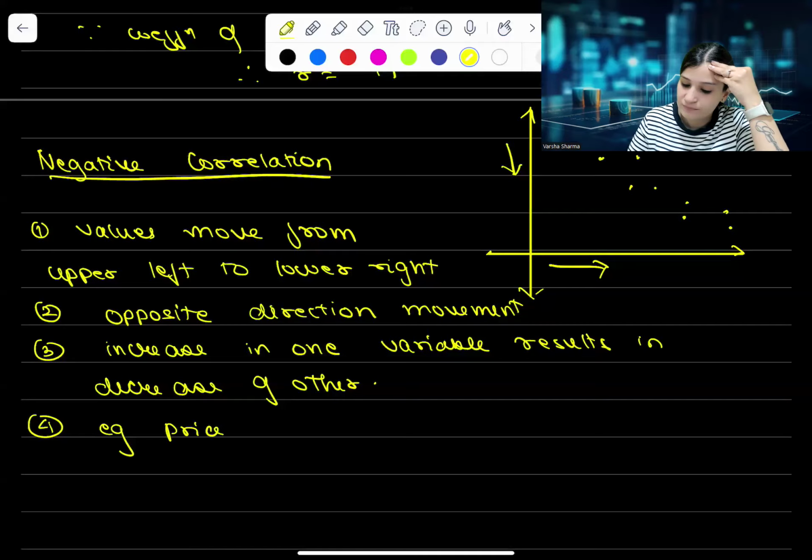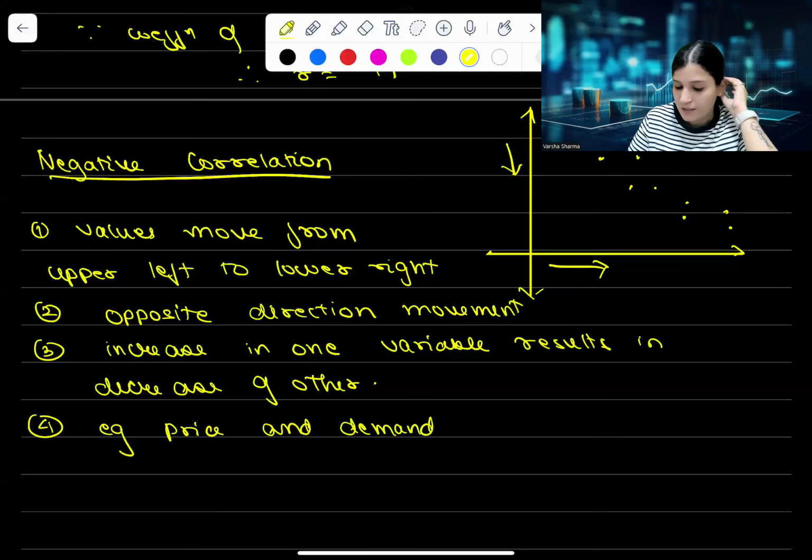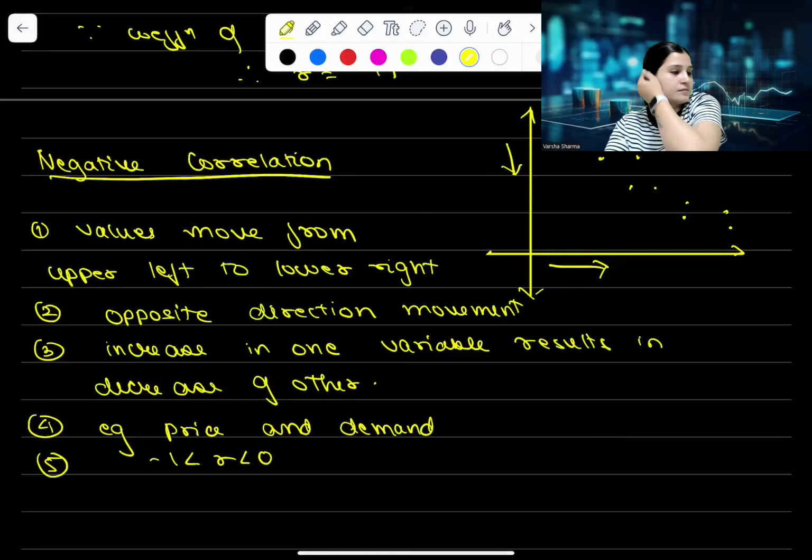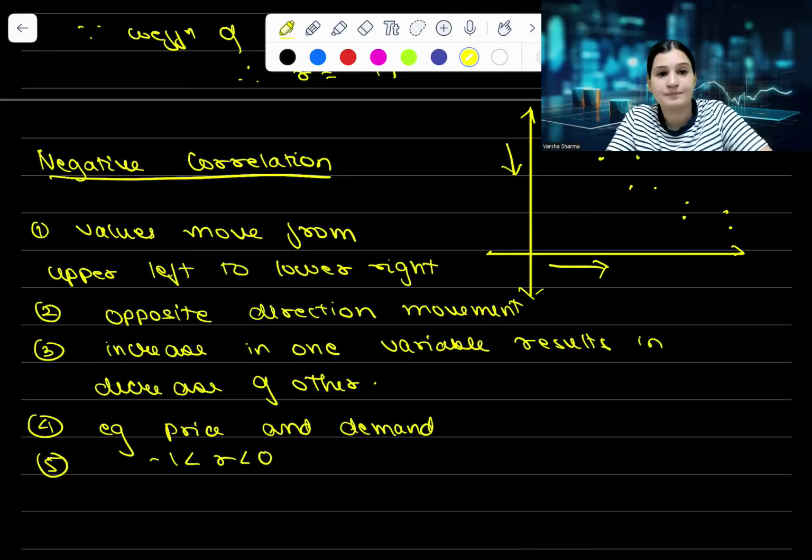Price and demand. Here, the value of R will be between -1 and 0. Basically, this method tells us how much is the relation between x and y, or rather it won't tell us. Did I ever give you a formula?